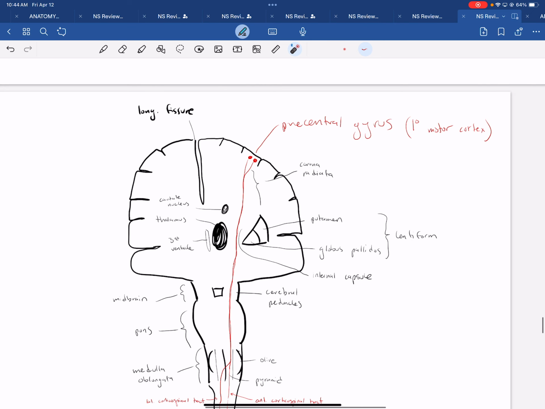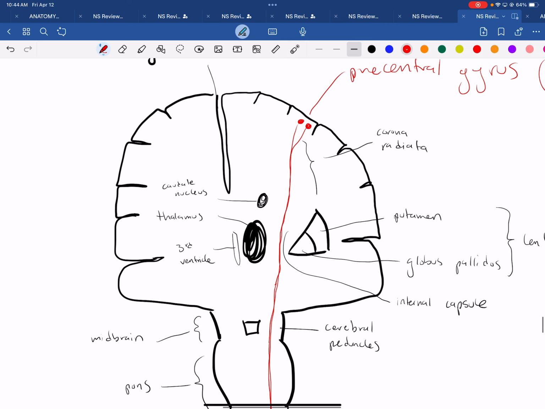So we're here in the precentral gyrus. And here, let's just put some other things here for context. That's the third ventricle. Here is, let's use a different color. That's lateral, okay.